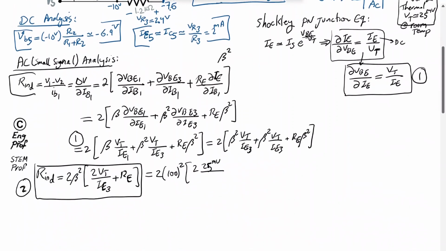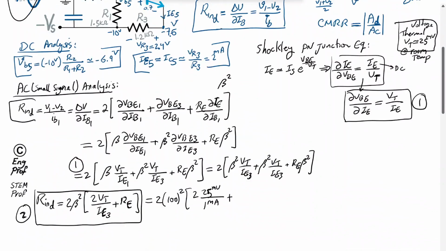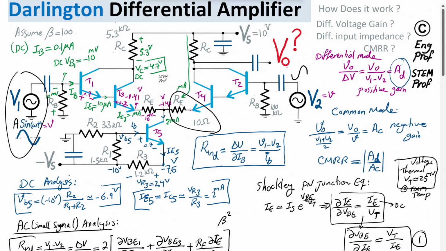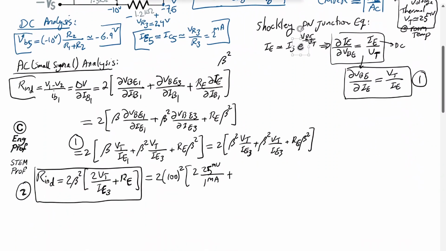So that would be 1 milliamp plus RE, which happened to be 10 ohm in this example. It depends on what sort of application we have, so as an example, 10 ohm for RE. So this is 50 ohm. So the answer becomes 2 times 60 ohm, which is 120, and then 120 times 10,000 will give us 1.2 megaohm.